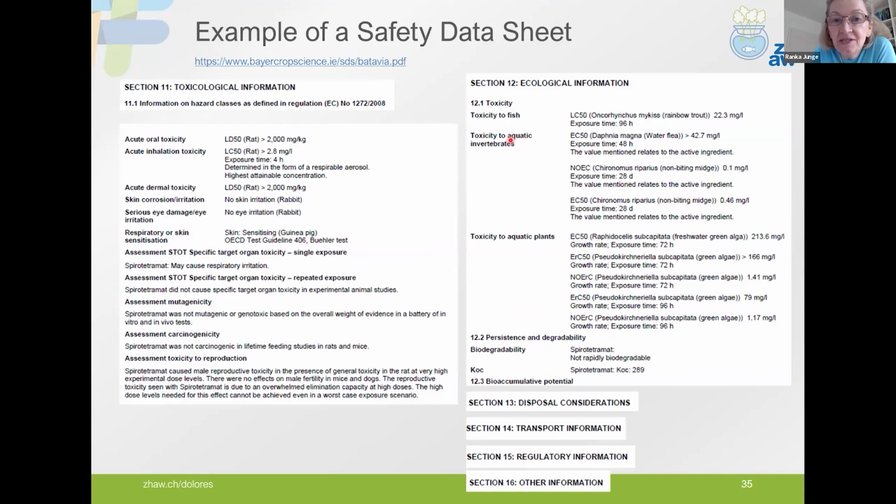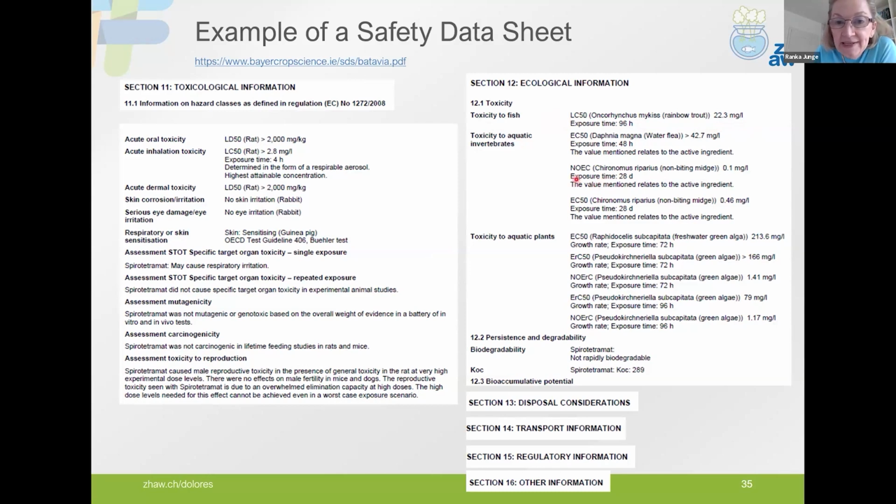Here you see toxicity to fish, the LC50 to rainbow trout is 22.3 milligram per liter in the previous example. So in an exposure time of 96 hours, at the concentration of 22.3 milligram per liter, 50% of fish died.